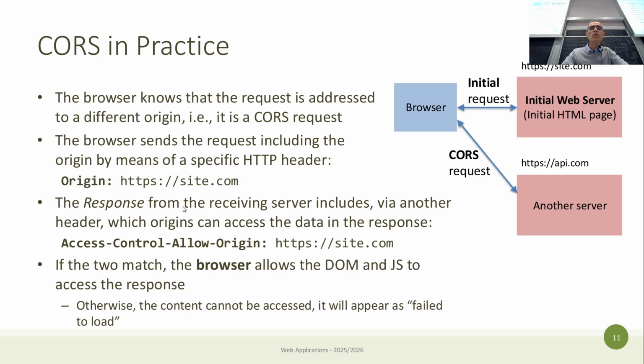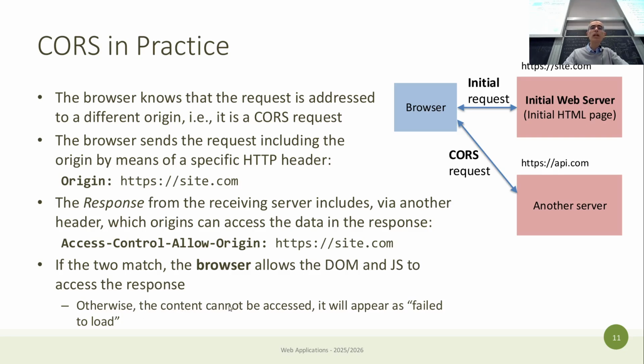And the response from the receiving server must include, using another header that is called, in this rather long way, Access-Control-Allow-Origin, which origins can access the data in the response. Okay? If the two match, the browser allows the DOM and JavaScript coming from the initial web server to access the response.